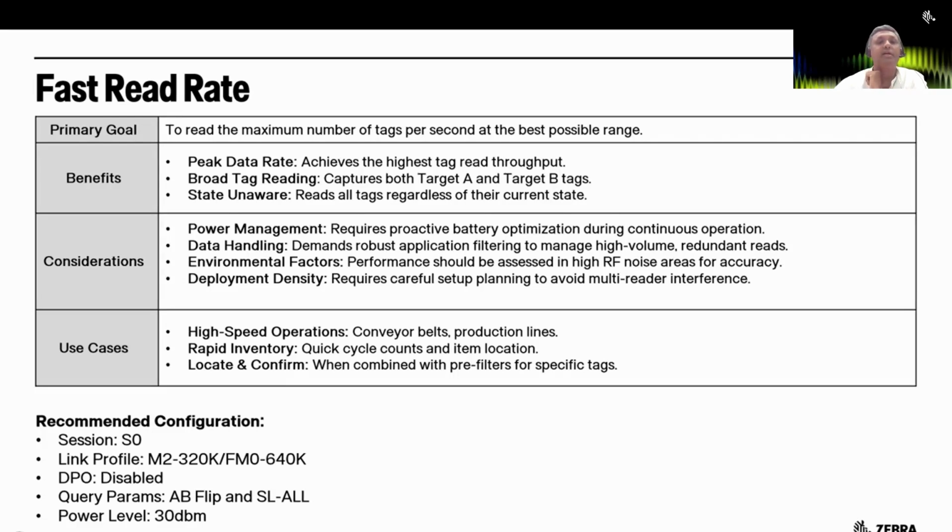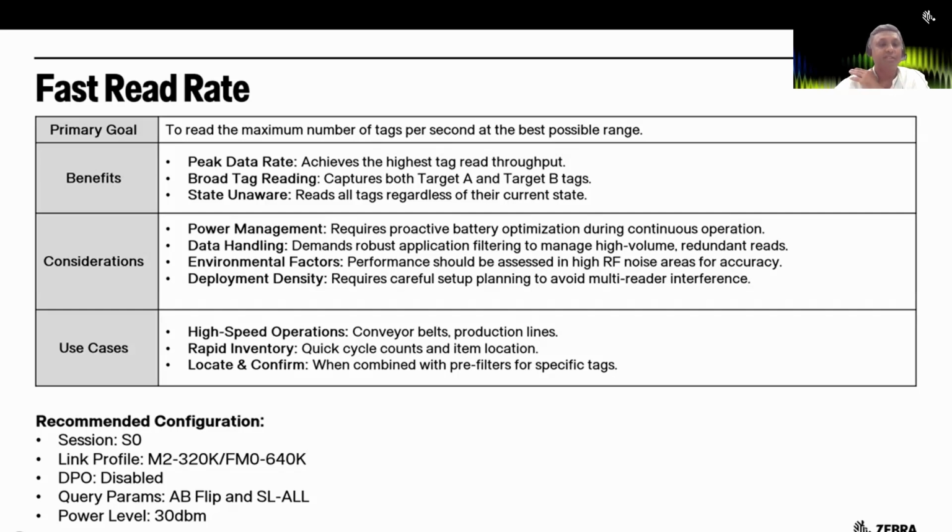It achieves the highest data rate, and since it's configured for maximum range, you get broad tag reading, capturing all the tags around. And then, the state unaware reads all tags regardless of their current state.